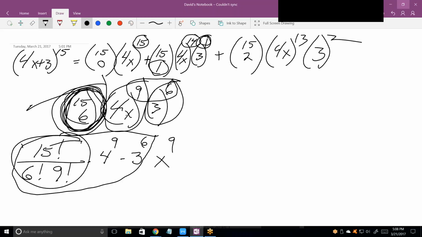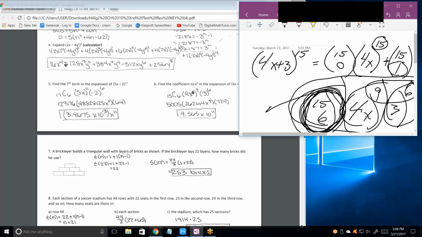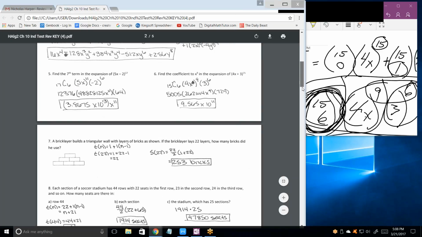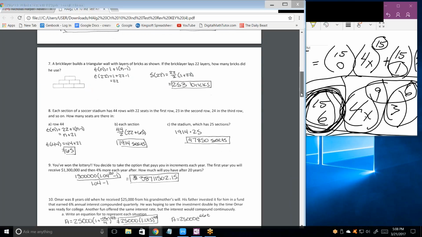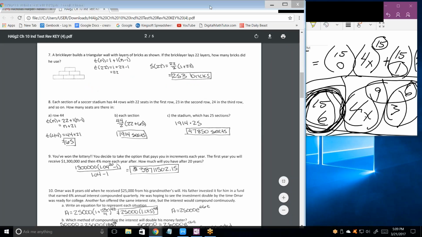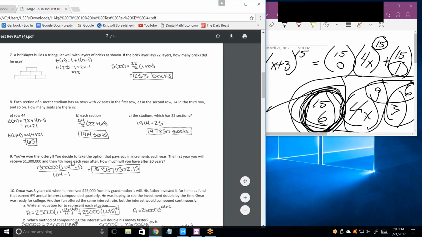So as long as I go with that pattern, then go all the way down until you get the x term to the 9th power, and you got your coefficient pretty much. Okay? That's hard stuff. But it's really not hard stuff if you're looking at the binomial theorem in front of you and you can just plug it in, which we can do.